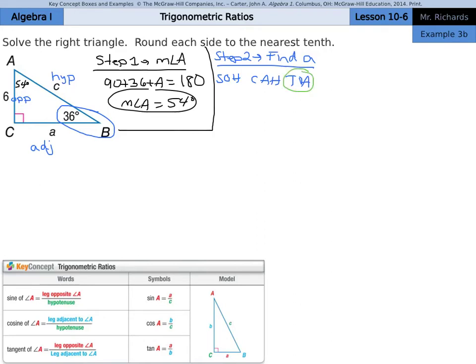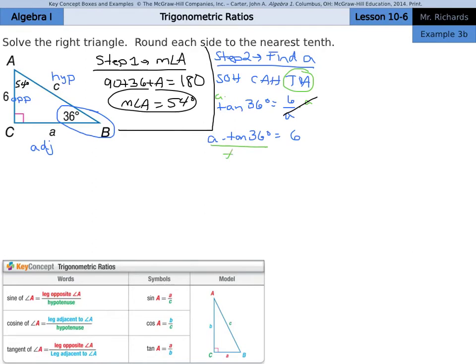which again is tangent. So this is going to be solved as the tangent of 36 degrees is going to equal that opposite side, which is 6, over the adjacent side, which is A. And now if I multiply by A on both sides, this cancels out. We're left with A times the tangent of 36 degrees equals 6.